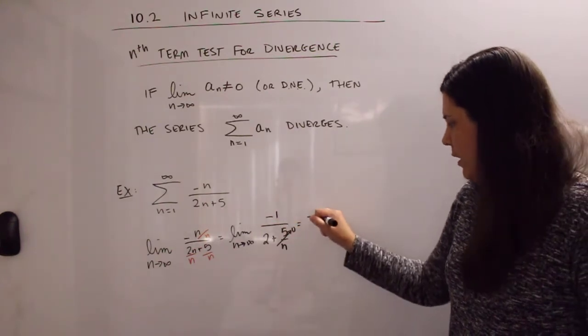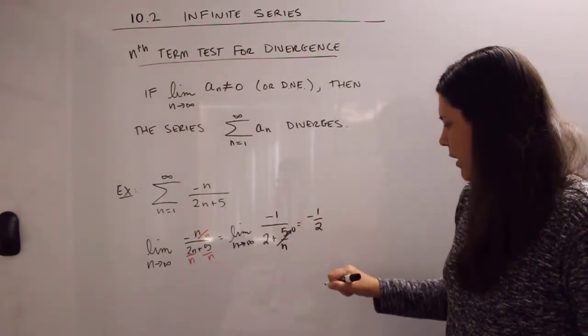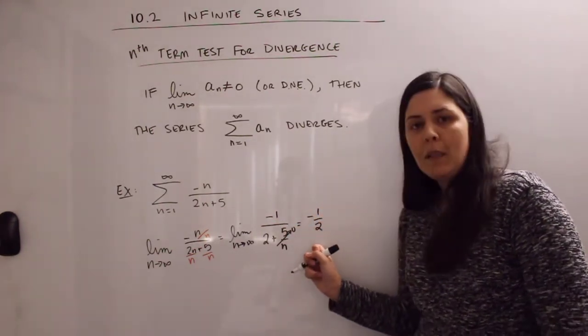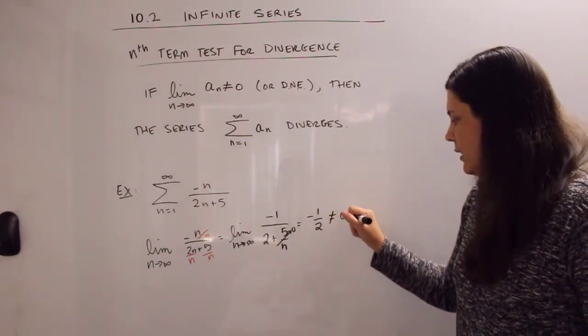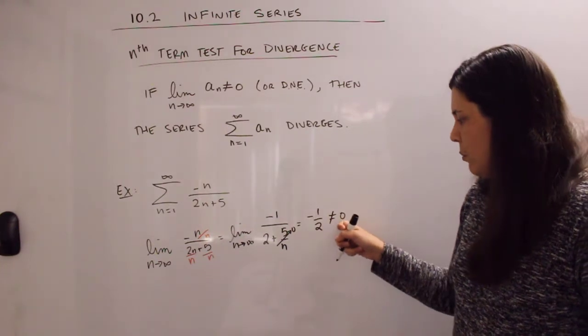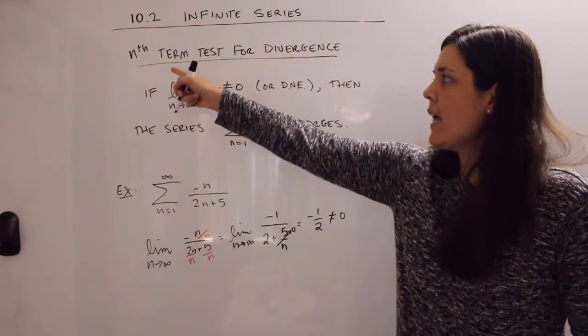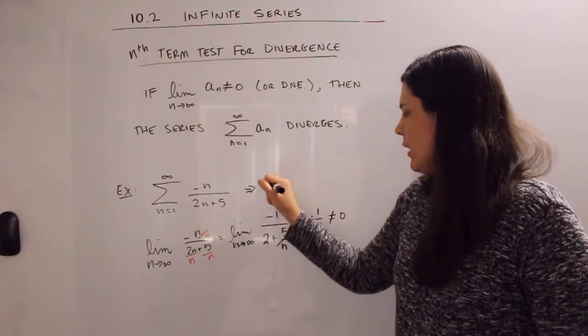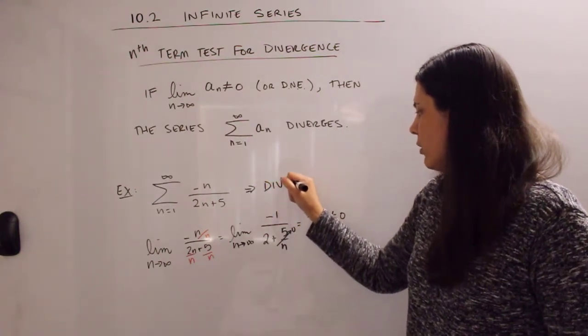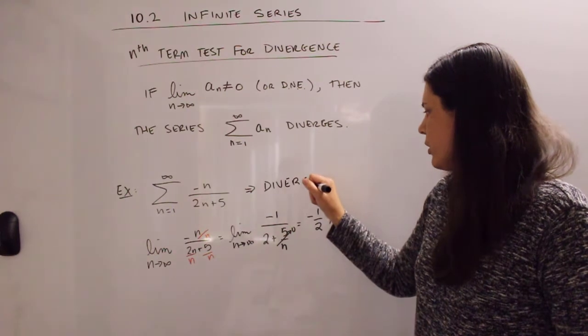So this limit becomes -1/2. This is the limit of the sequence, but notice this is not 0. It does exist, but it's not 0, and according to this nth term test, that means that this series diverges.